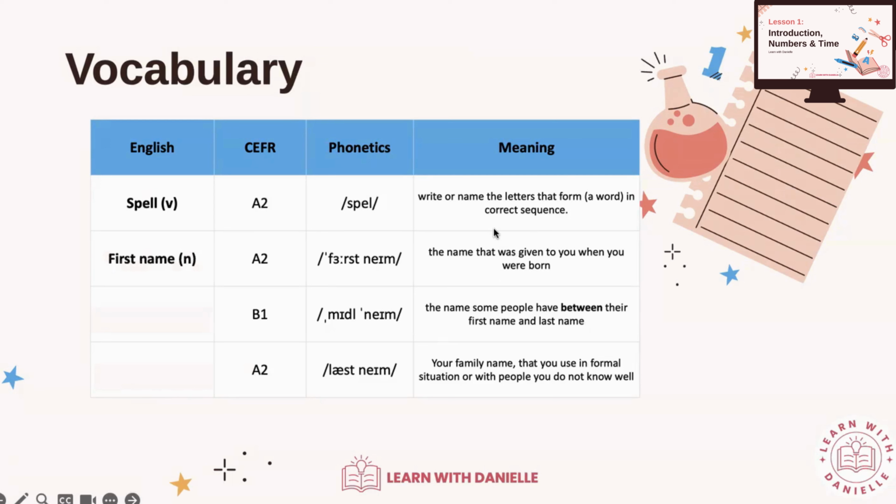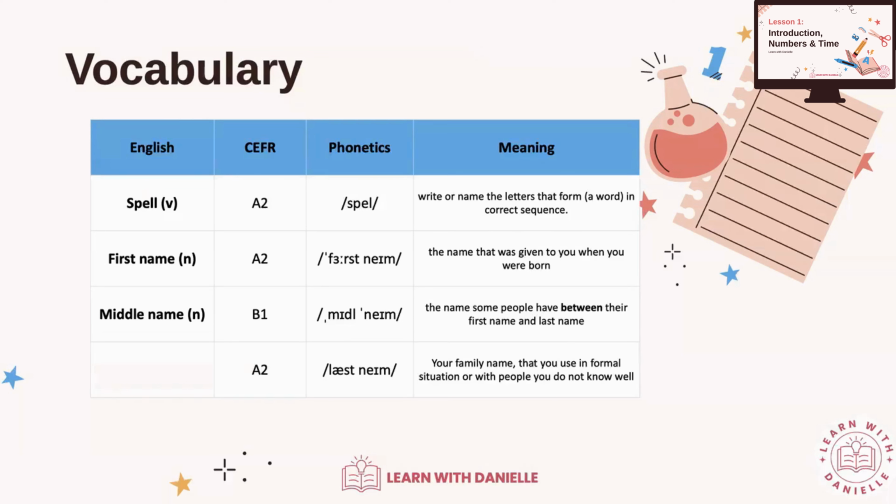First name. Your first name is the name that you were given when you were born. For example, my first name is Diana. Middle name. Some people also have a middle name, which is placed between the first name and the last name.